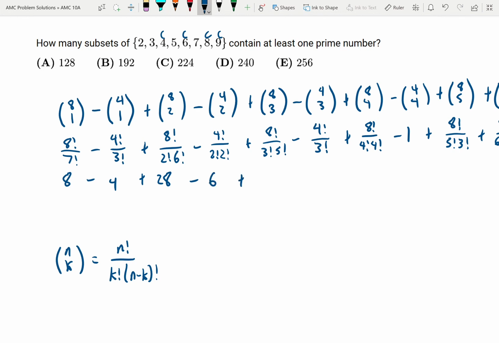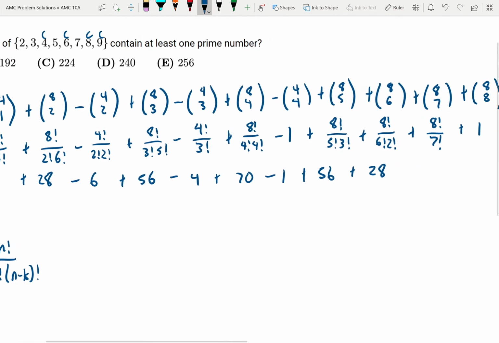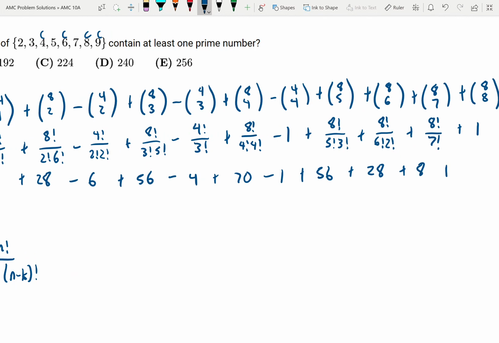That one is going to be 56. 4 factorial over 3 factorial is 4. 8 factorial over 4 factorial times 4 factorial is equal to 70. Subtract 1. And then again, I've already computed 8 factorial over 5 factorial times 3 factorial. So that is 56 plus, found that, that's 28. And 8 factorial over 7 factorial, that is 8 plus 1.